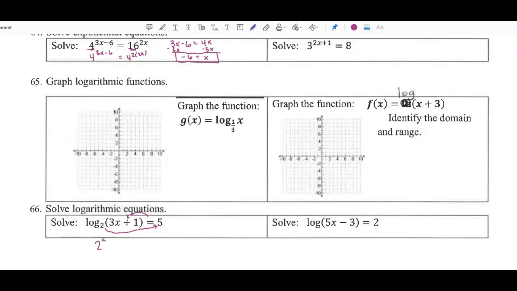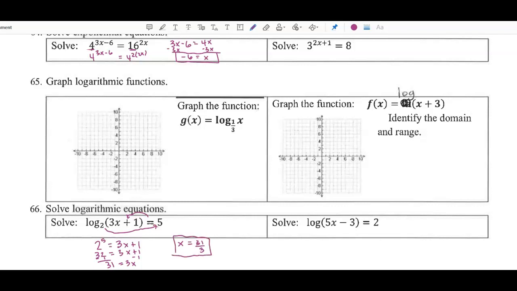So 2 to the 5th power equals 3x plus 1, and 2 to the 5th power is 32. And so then I'll subtract the 1 over, and I get 31 equals 3x, and then I need to divide by 3. So x equals 31/3. That's what I'm left with on this one.